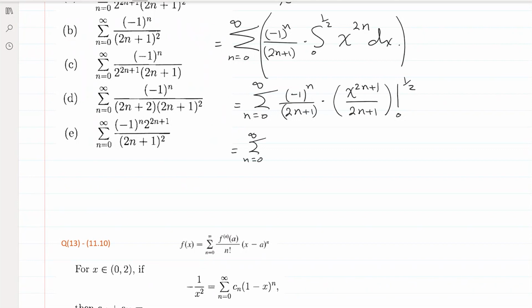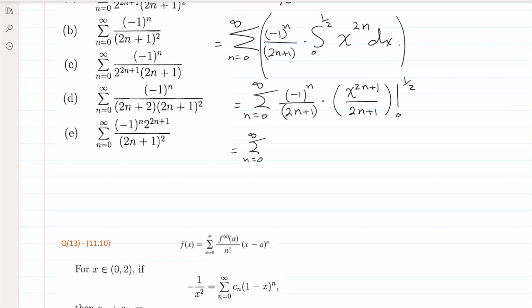Okay, so if I want to find the answer here, I will put it down in the last step. If I substitute half, it will be half to the power 2n plus 1 over 2n plus 1 minus 0, right? Minus 0, so no need to write it as a different step. You can put it directly here.